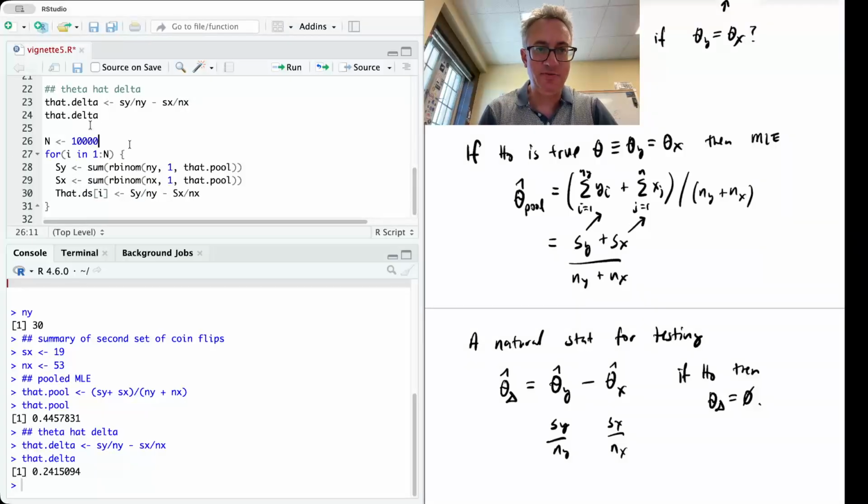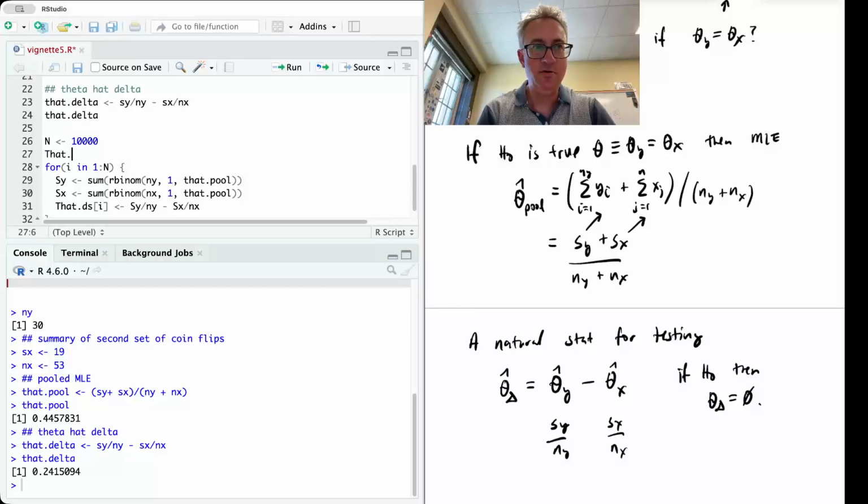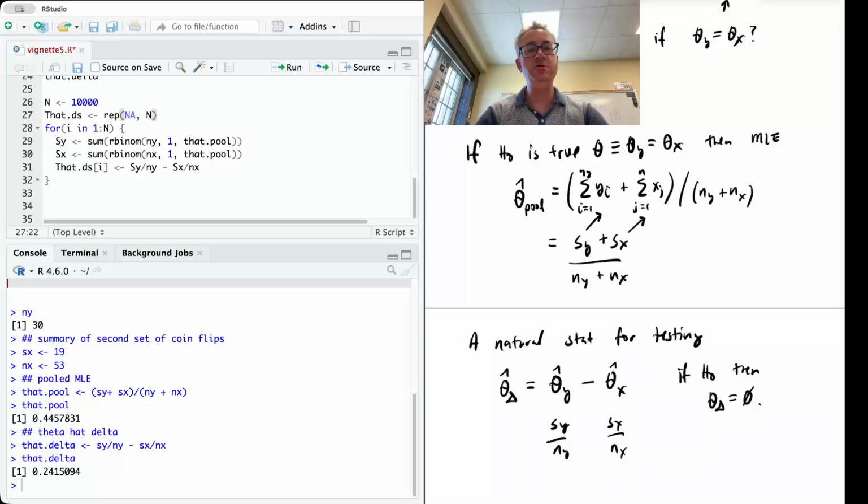And I better make some space for that. So, okay, so see how I have two copies of the simulation from chapter 1, one for the Y's and one for the X's. Really the only thing that affects these results from one experiment to the next is the choice of NY and NX, which is coming from the data. And then I'm calculating their theta hats and taking their difference and saving them.